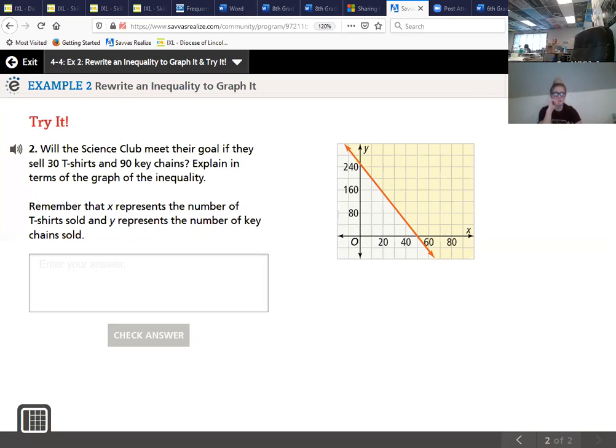It has to be on or in the yellow part. On the line or the yellow part. Will they reach 500, without plugging it into the equation?